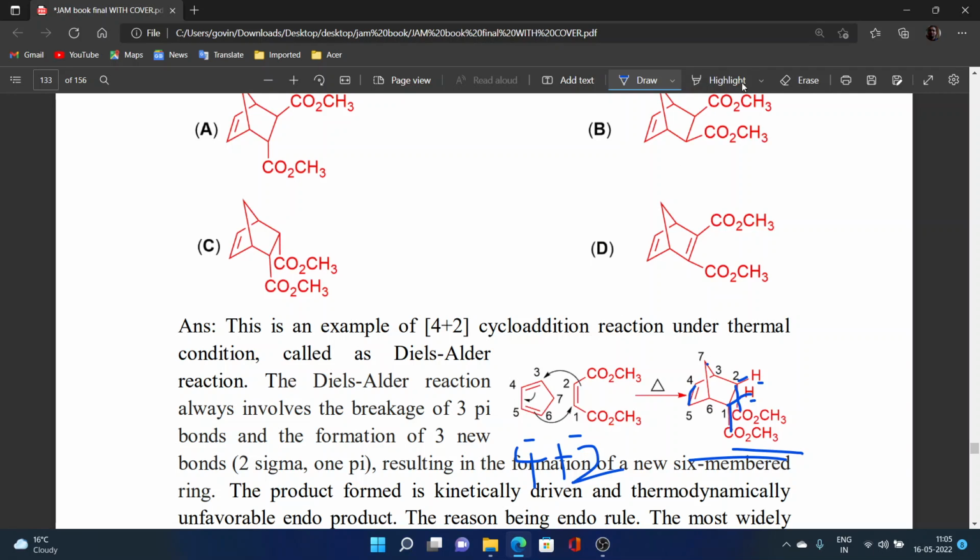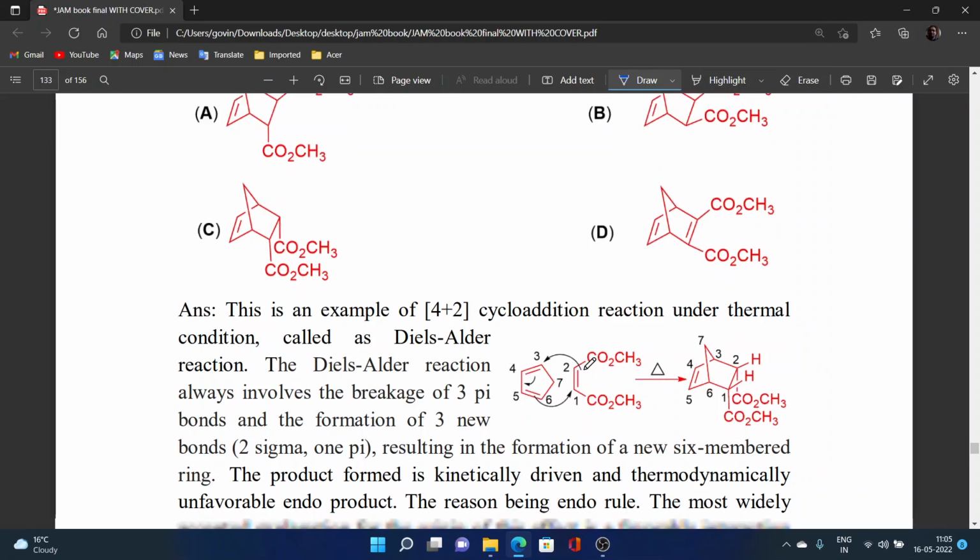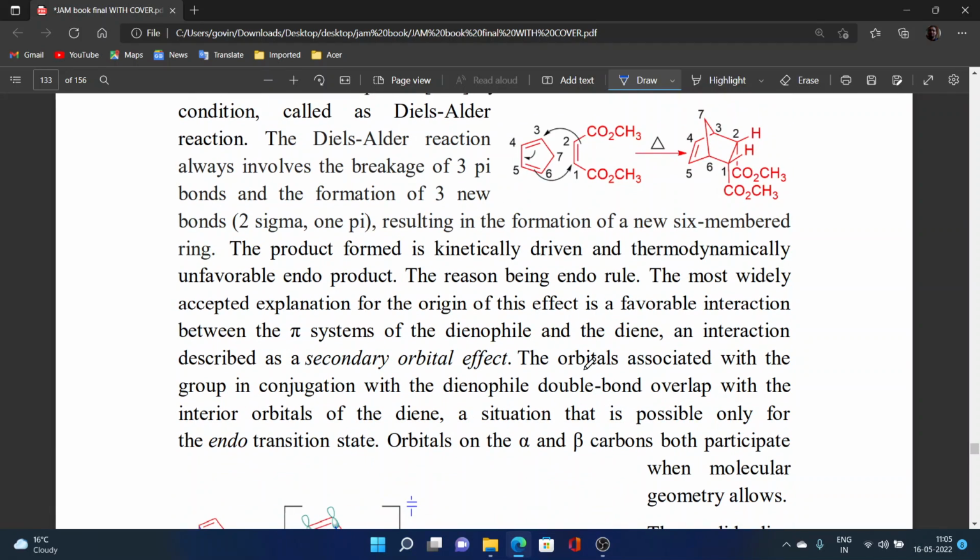So why does it form, since it is thermodynamically unstable? Because it is a kinetically favored reaction, because of what is called the Endo Rule, and this is described as the secondary orbital effect.